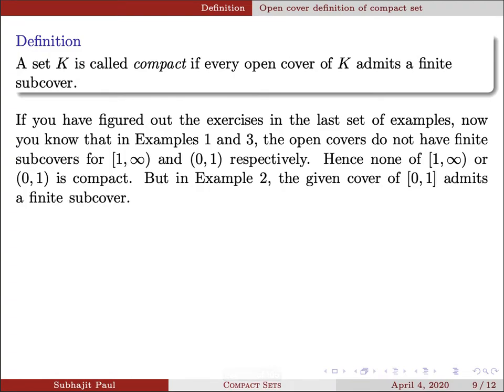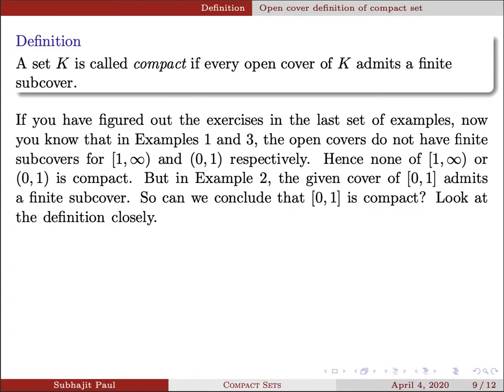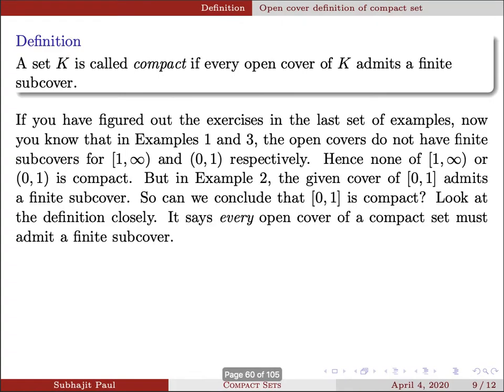But in the second example, the given cover of [0, 1] admits a finite subcover. So can we conclude that [0, 1] is compact from that situation? Now look at the definition closely. It says every open cover of a compact set must admit a finite subcover. Every open cover.